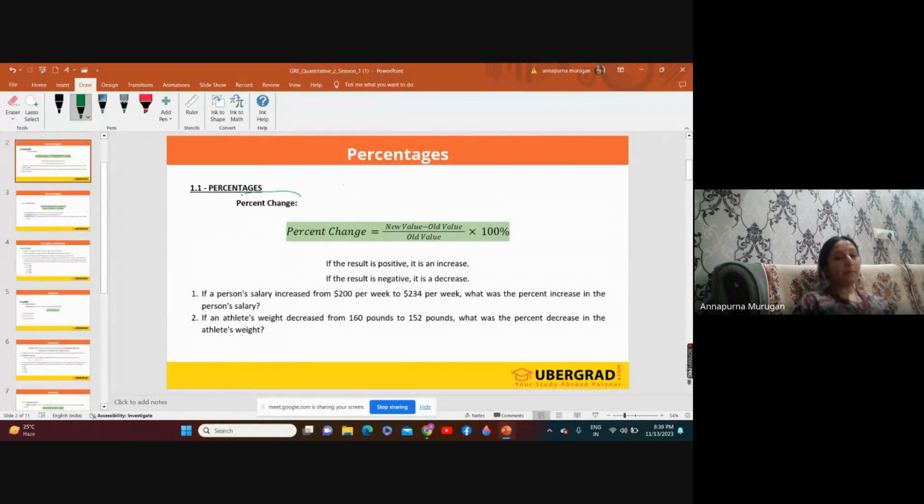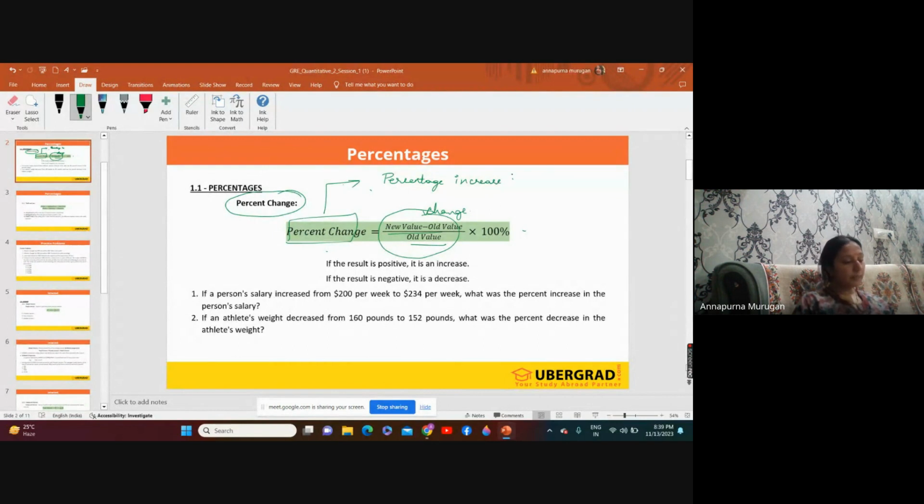Under percentage change, what we get is the change over the old value into 100. That means in percentages we can have two types. One is percentage increase.